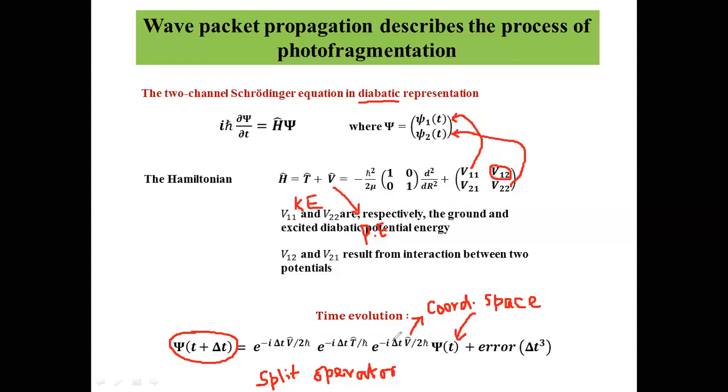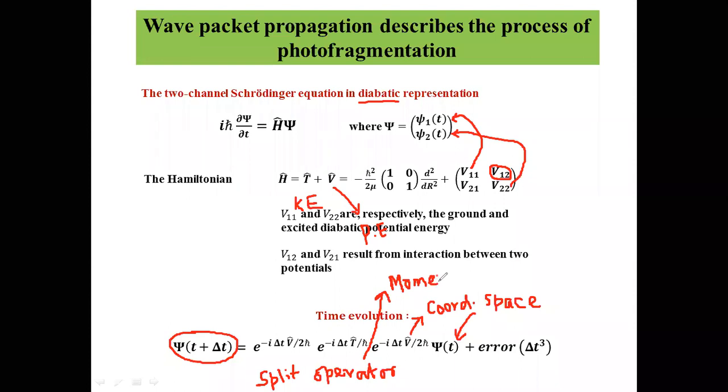But after that, when I need to operate this on the resultant function, I have to do a transformation of the wave packet in between. I have to transform into momentum space, because this is in momentum space. If I don't go to the momentum space, I cannot multiply.